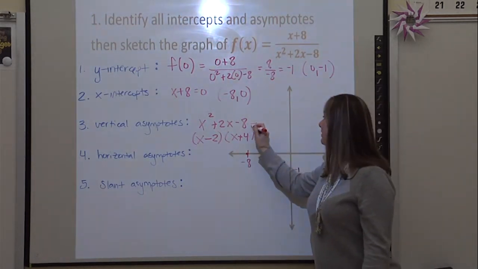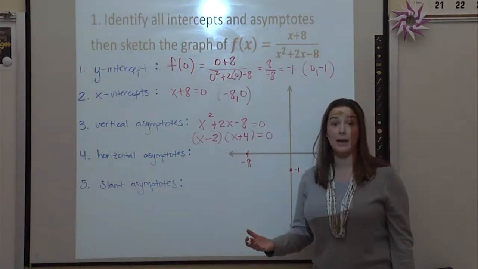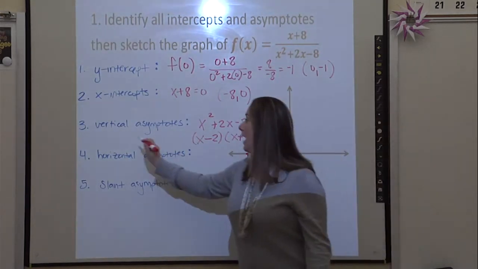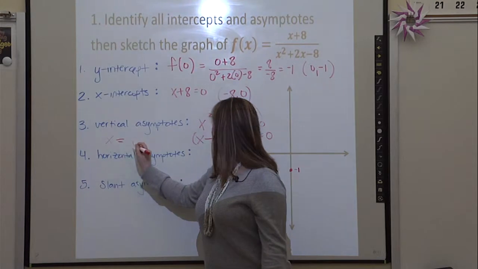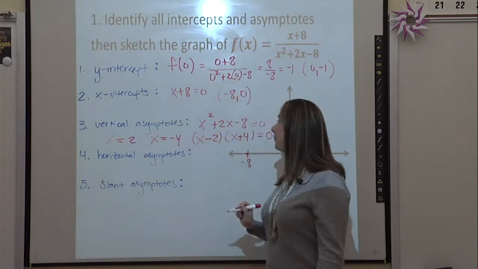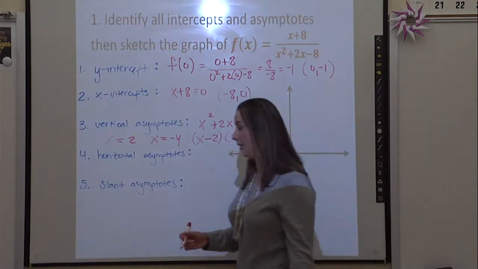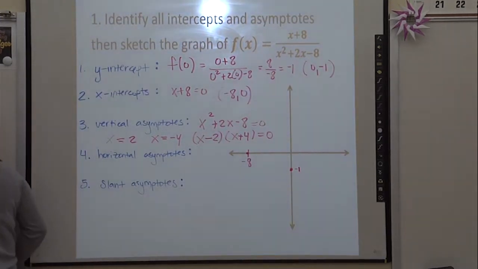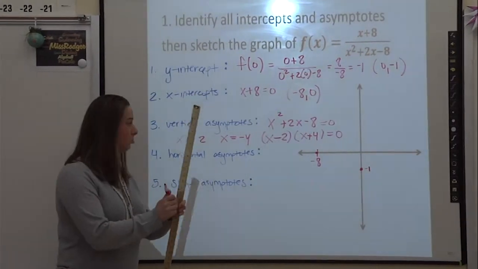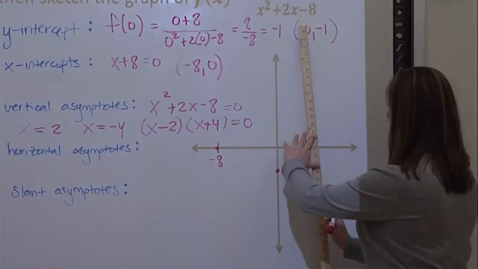And again, I want to set this equal to 0. So I'm setting each of these factors equal to 0 in order to get my vertical asymptotes. So when I set each of these equal to 0, I'm going to have x equals positive 2 and x equals negative 4 as my vertical asymptotes. So I can start to graph those right now. x equals 2 and x equals negative 4.